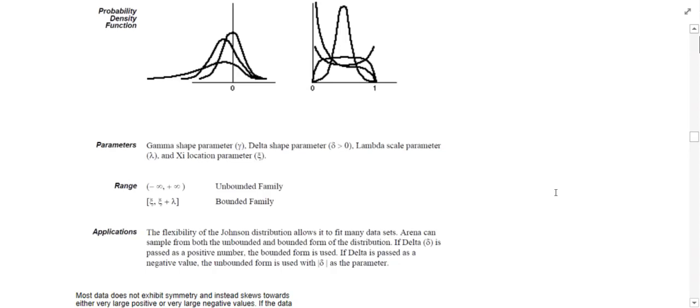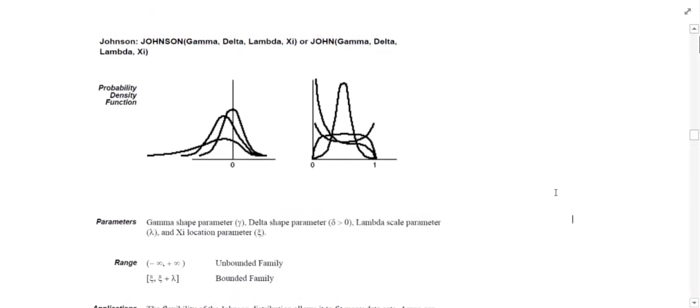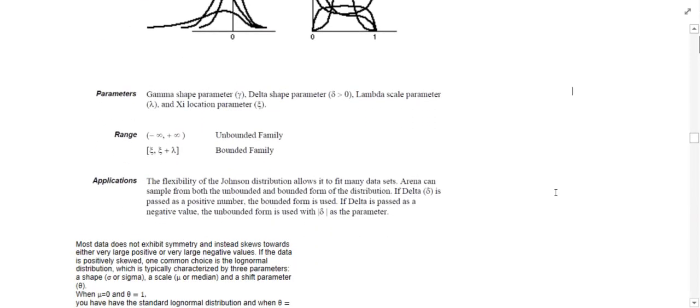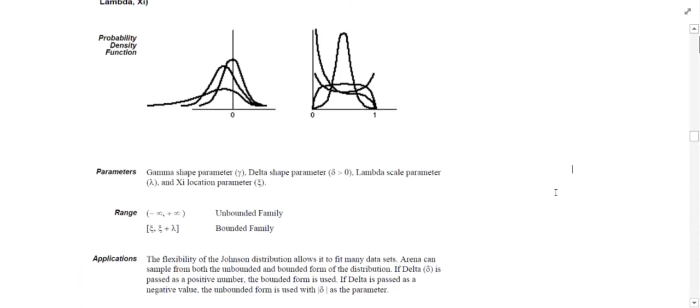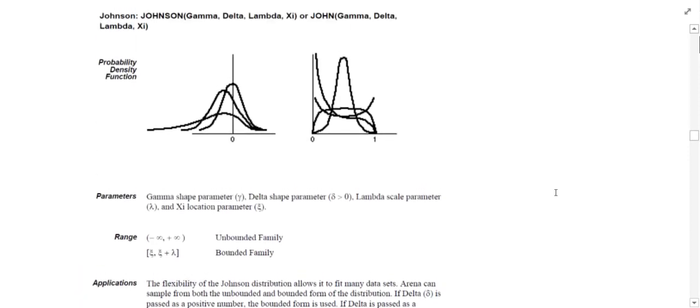So again, a very flexible distribution, and you can see that from the range of curves up above. Again, you can use in Arena either the unbounded or bounded form. If delta is passed as a positive number, the bounded form is used. If delta is passed as a negative number, the unbounded form would be used, which you can see up above here. Okay, so that's the Johnson distribution.